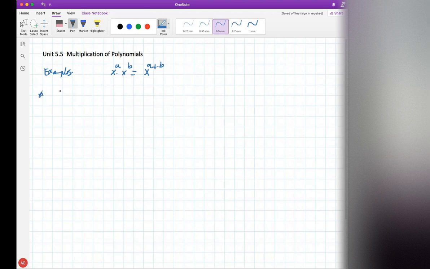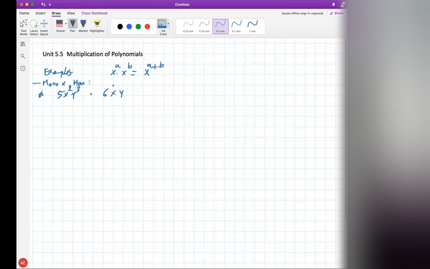So we saw something like this last time. Let's take, for example, this, that's a monomial, right? And we're going to times it by another monomial, and maybe another one here.